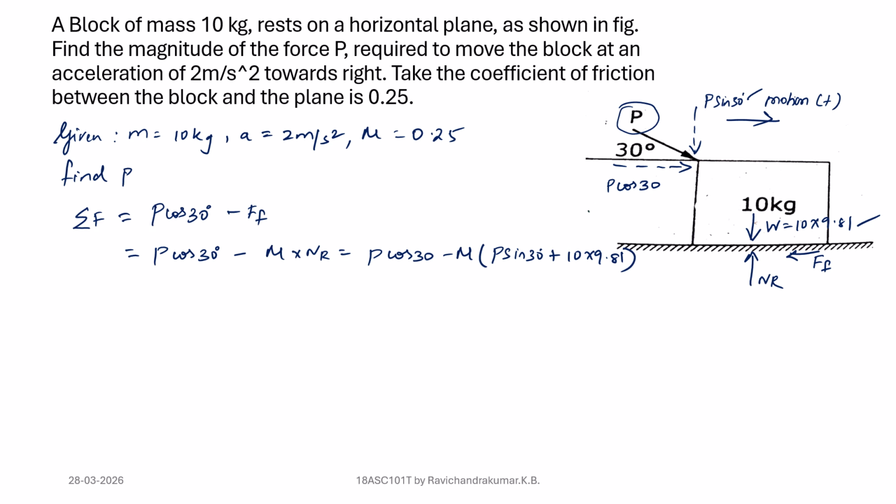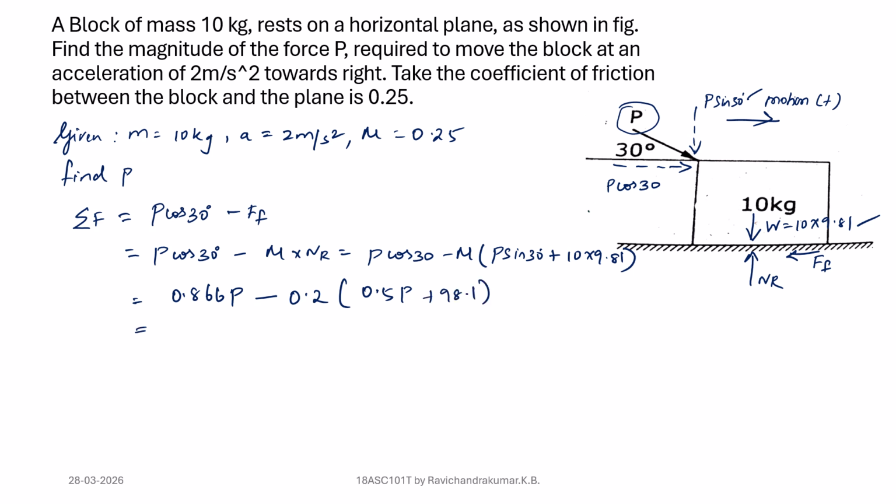Once that is done, putting all the values, we have 0.866 P, that is cos 30 is 0.866, minus 0.25 into P sin 30, which is 0.5 P, plus 98.1.